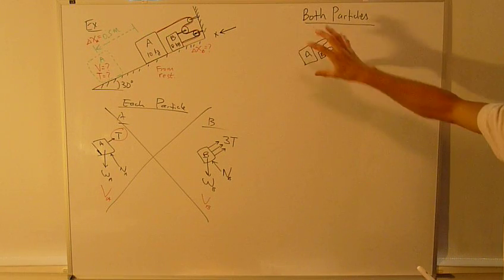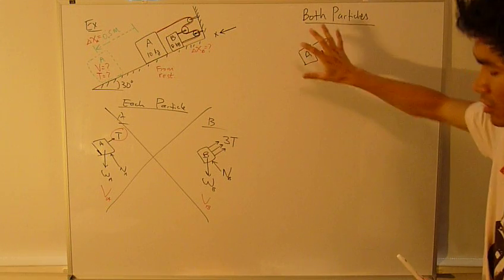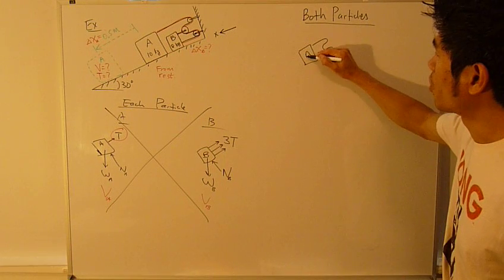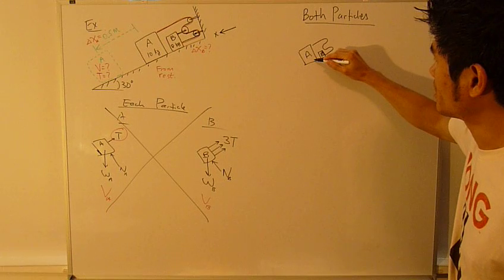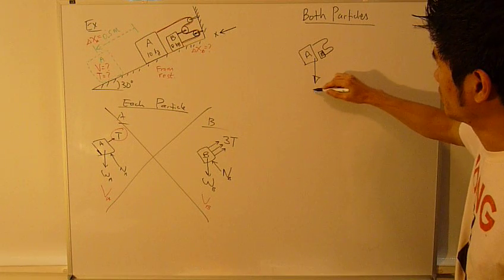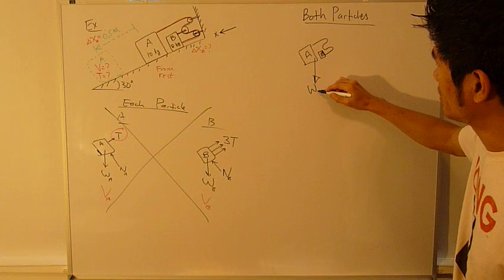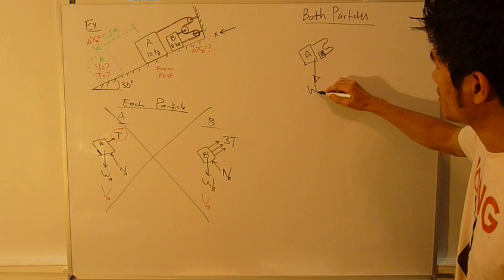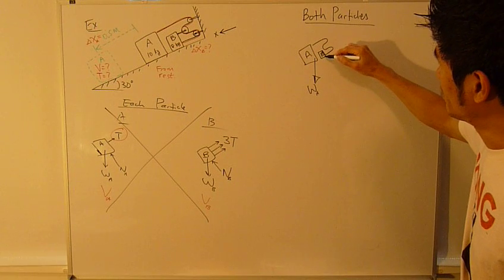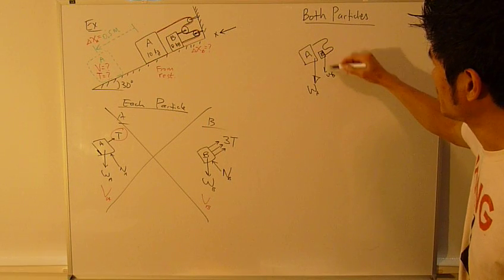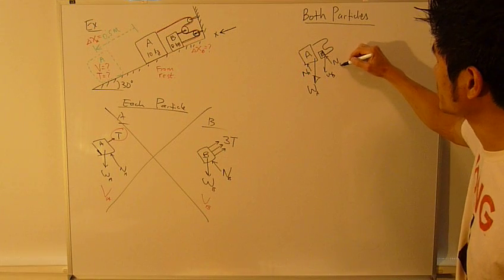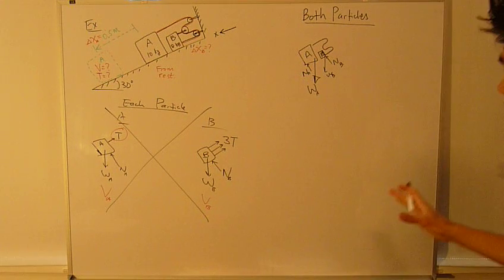You can think of it this way, one particle. And then the only forces that appear here would be WA, and then WB, and then you have normal force and normal force, and that's it.